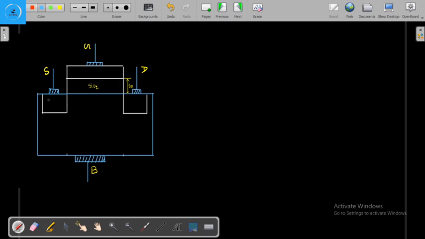This is the n plus region, this is also the n region of p type. Let me write the case for 3.